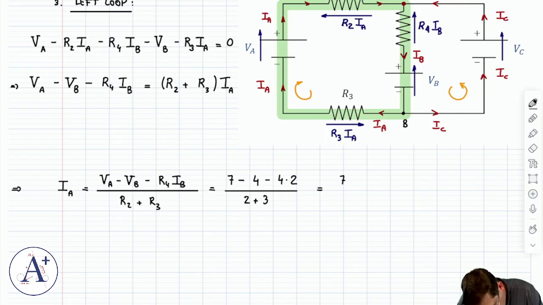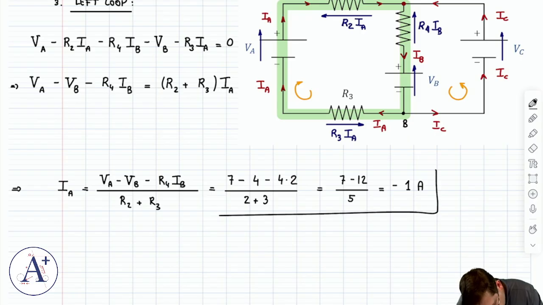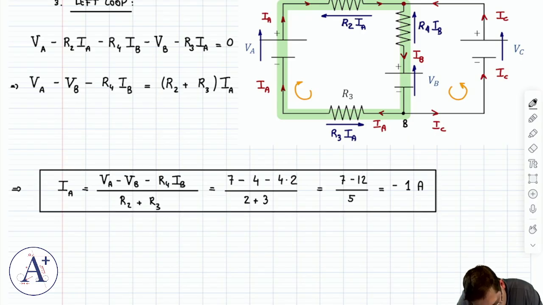Okay, so that's 7 minus 12 over 5, which is minus 5 over 5, which is minus 1 amp. Okay, so 1 amp is correct.